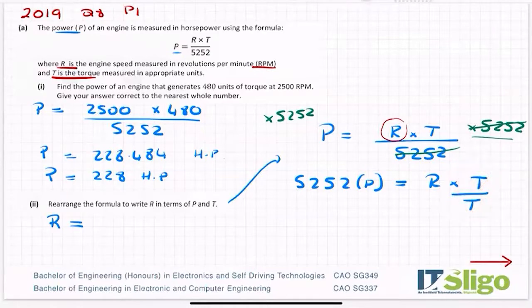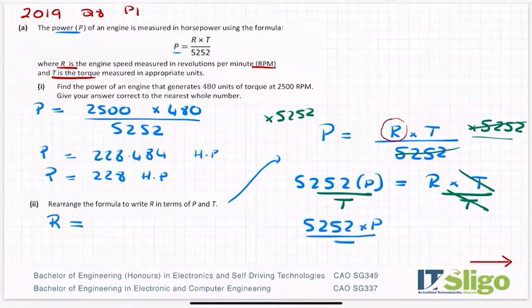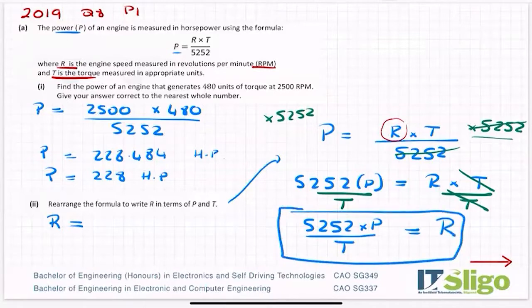What I do to one side, I have to do to the other. I'm just going to put it in green so you can see what I'm doing. So divide by T, and then on the right-hand side, the T's cancel, so that you're left with 5252 by P. It doesn't matter whether you use brackets or just put the letters beside each other, equals R. Or R equals 5252P over T.